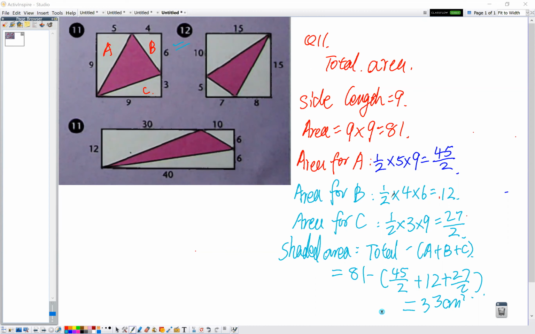Okay, let's look at the second question too. If you haven't figured this out yet, look at those questions. How do you actually work this out? Question 12 is similar to question 11 because we still can find the total area.